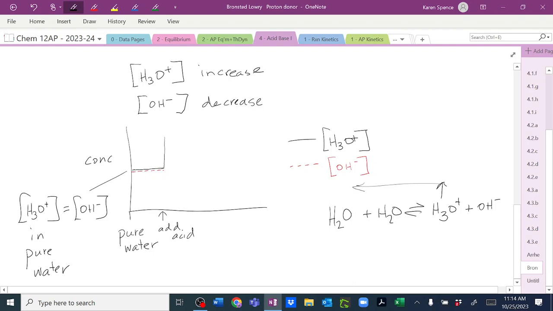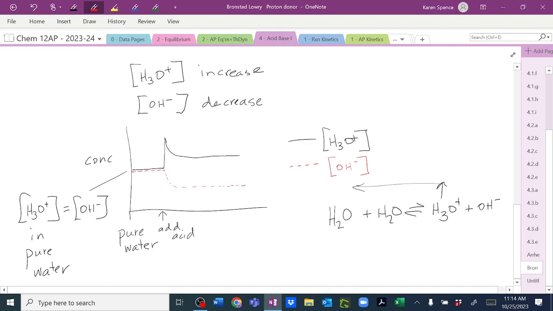Both concentrations are going to go down. Hydronium will go down, but it stays above the original. What happens to hydroxide? It goes down by the same amount because they react in a 1-to-1 fashion.